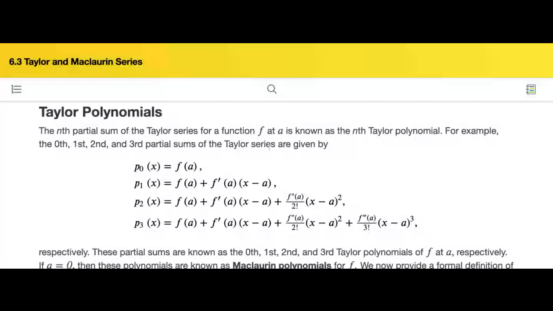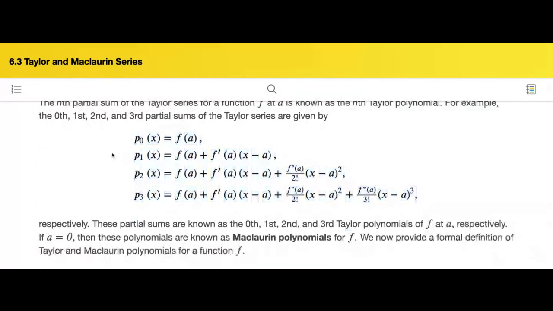So, for example, the zeroth, first, second, third partial sums, and we call that just the order. Okay. So this is a constant, right? The constant is just the first term. And so we call this the zeroth order Taylor polynomial. Then, because it's linear, it is raised to the power 1.